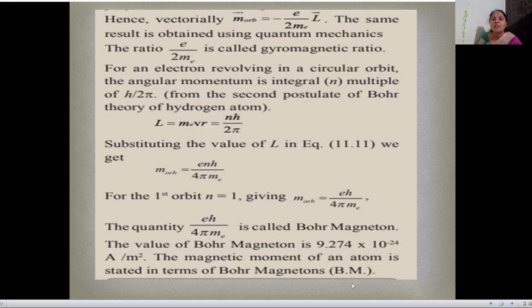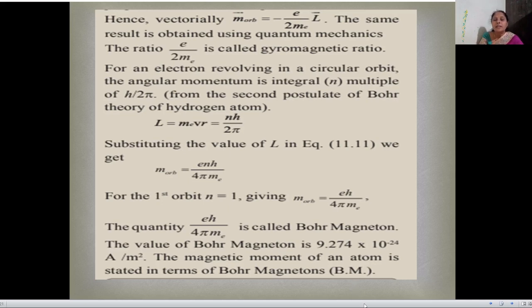Substituting the value of L in the equation above, we get m orbit equals e n h by 4 pi m_e. For the first orbit, n equals 1, giving m orbit equals e h by 4 pi m_e.